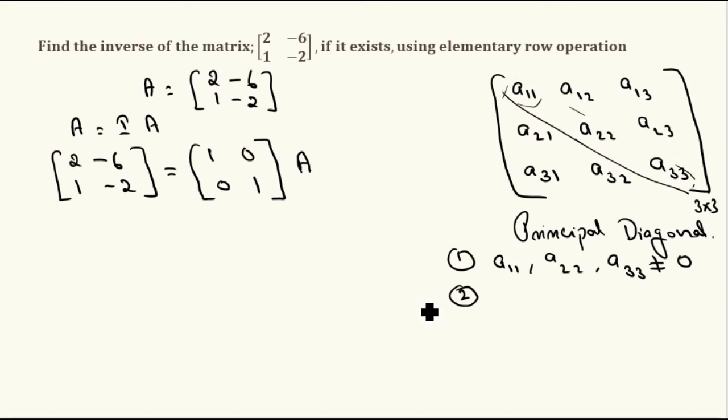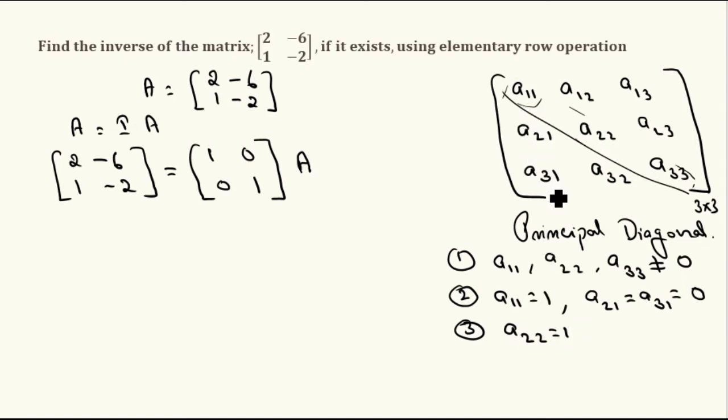Second step, you have to make A11 as 1, because we know in the identity matrix 1 comes first. Then A21, A31 should be 0. A21 and A31 have to change into 0. This is the second step. Third step is you have to make A22 as 1.